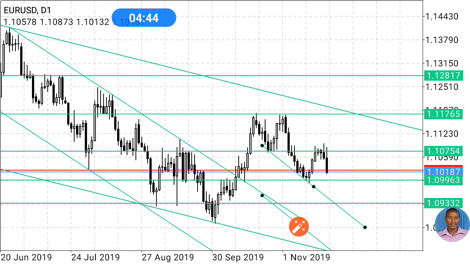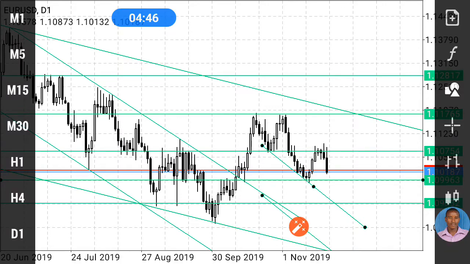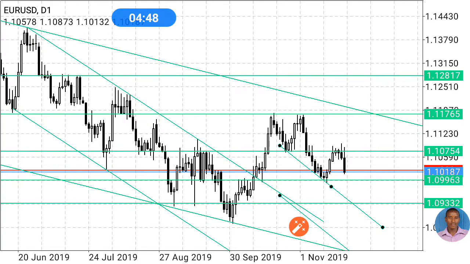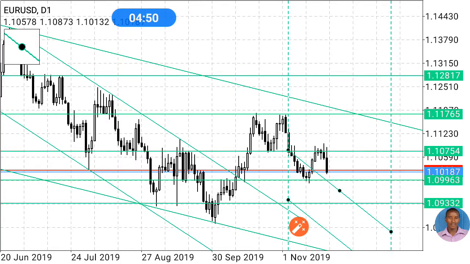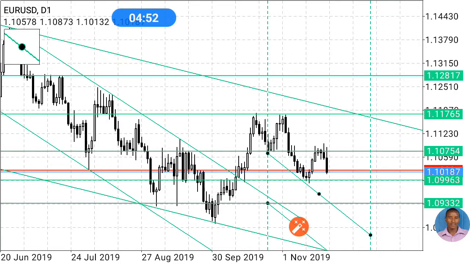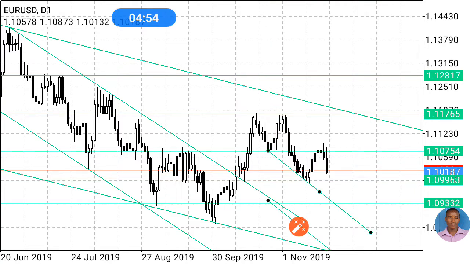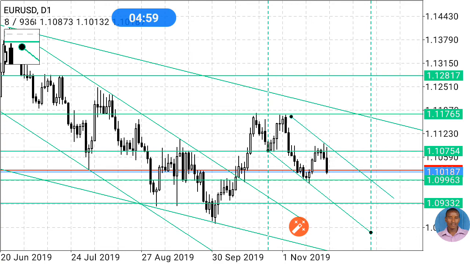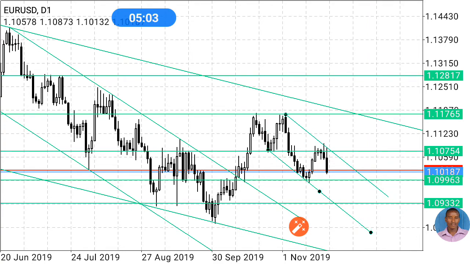Let me indicate the exact points that are important on this channel. And as you can see, we have several highs at this point. Okay, this is the channel that we have.